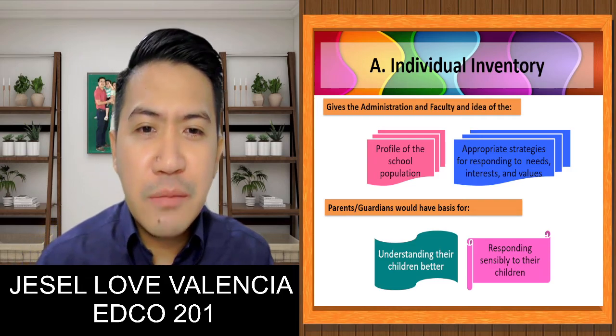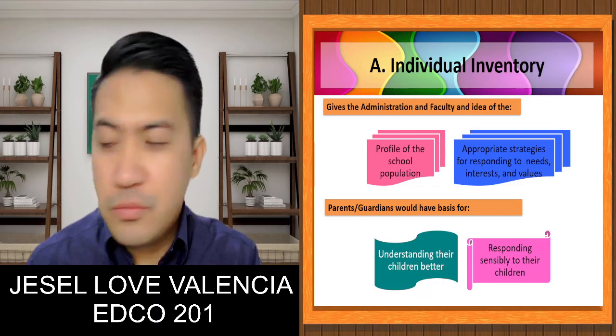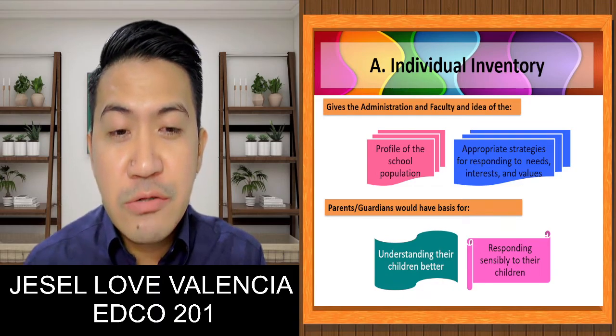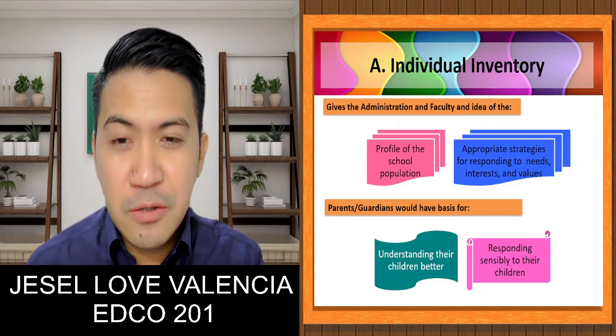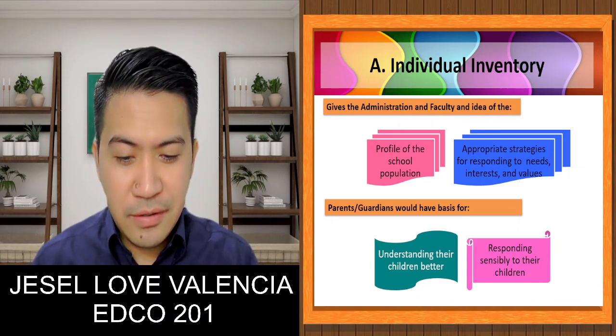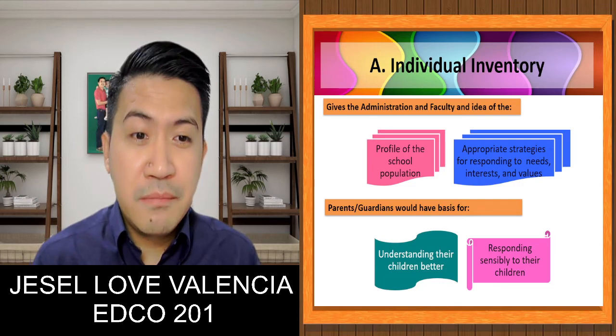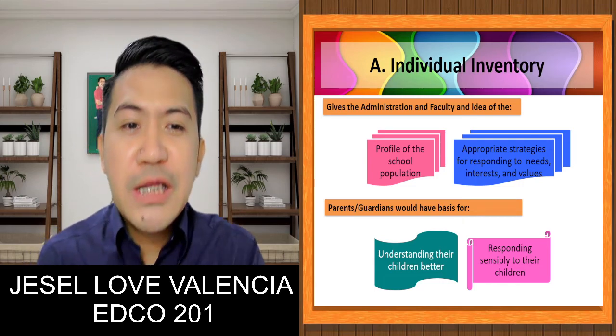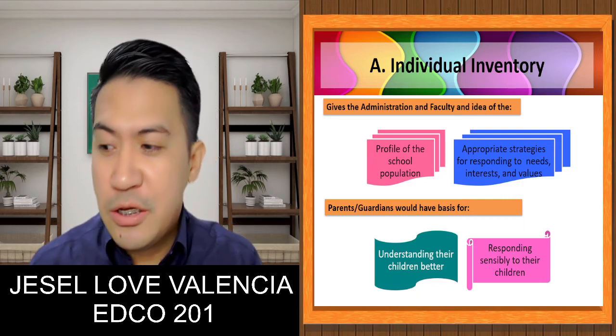Also, this will help the parents and guardians understand their children better. So we have the basis, we have the evidence, we have the data. With that, we can help the parents respond sensibly to their children.